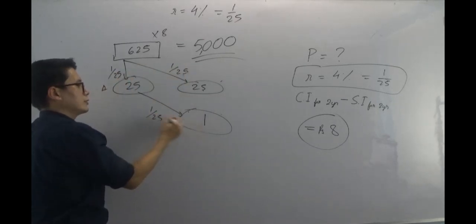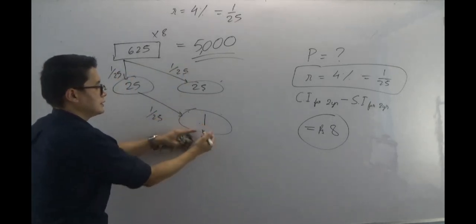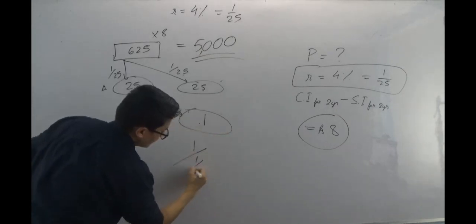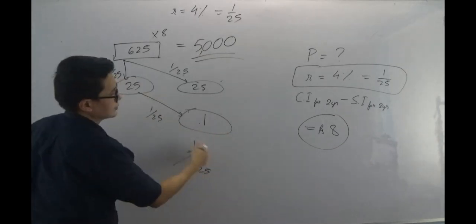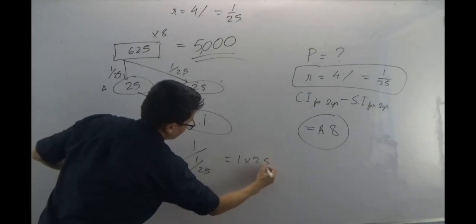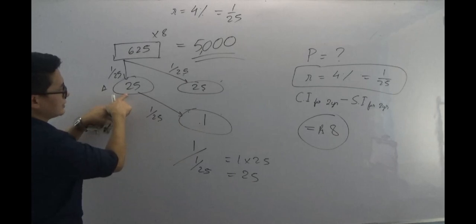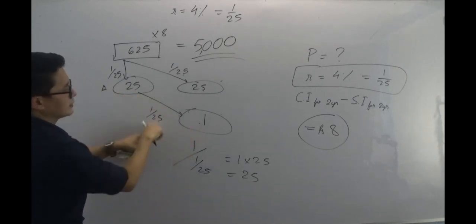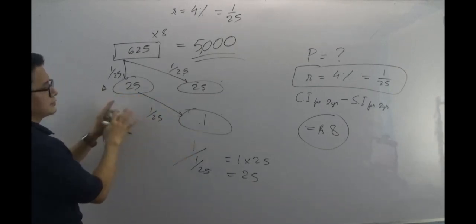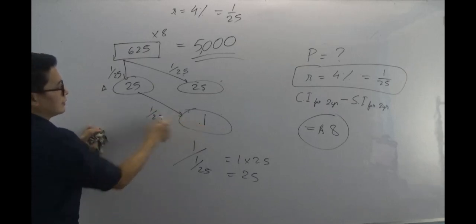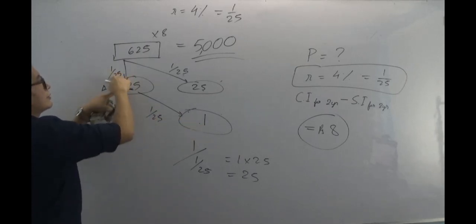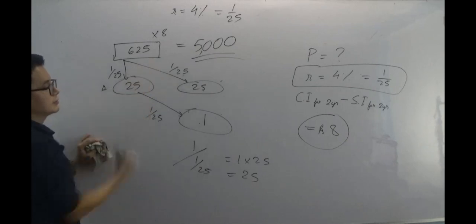Multiply to 25, so the inverse is divide, so 1 by 25 divide. 1 into 25, and 25 multiply, you get 625.